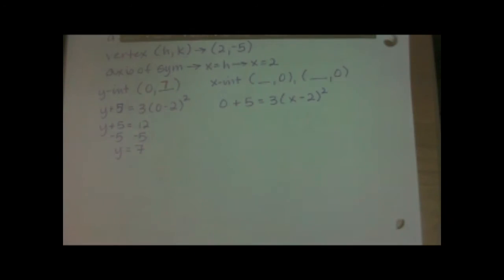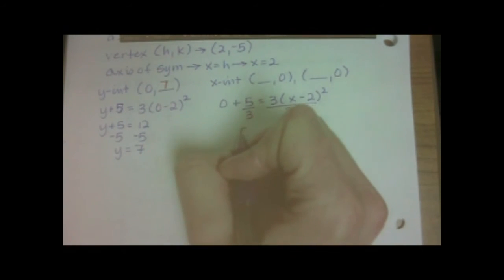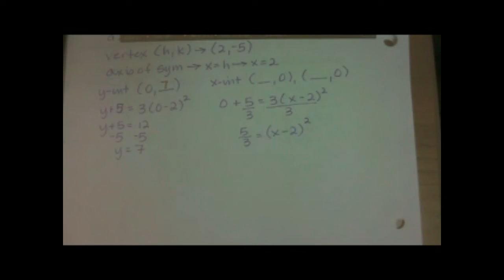So I have 0 plus 5 equals 3 times x minus 2 quantity squared. First thing I'm going to do, I got to get rid of the 3. Divide both sides by 3. So I've got 5/3 equals x minus 2 quantity squared.